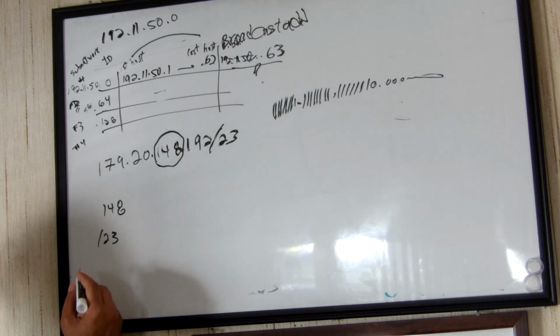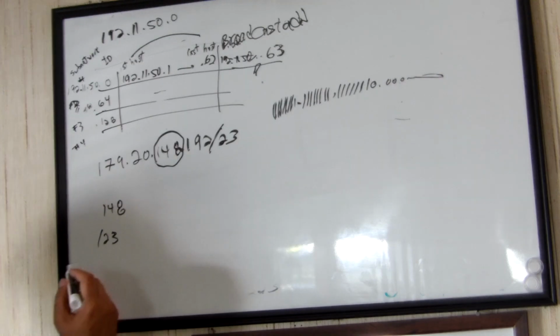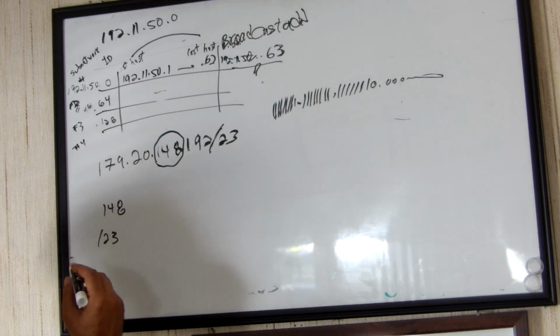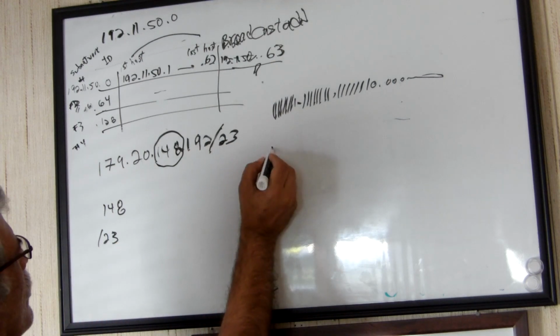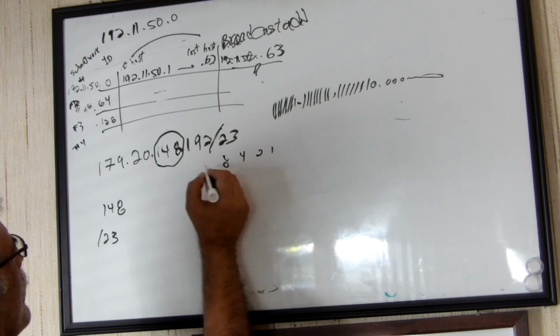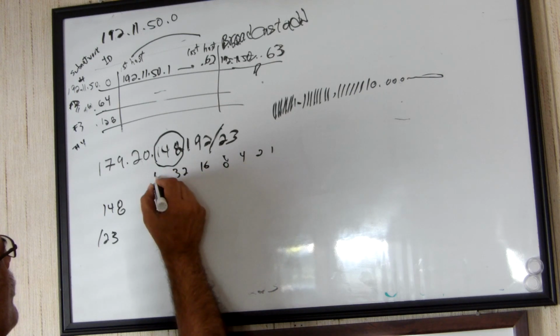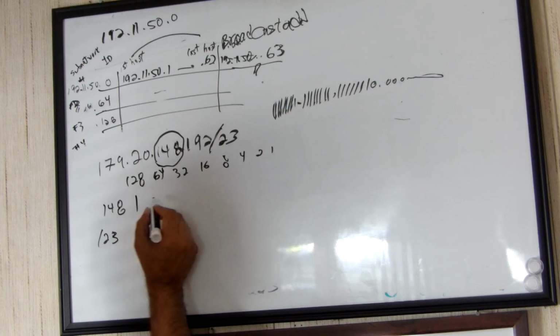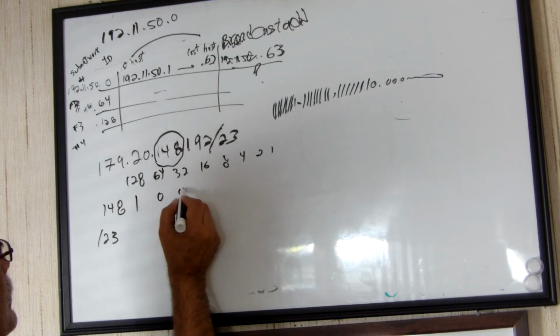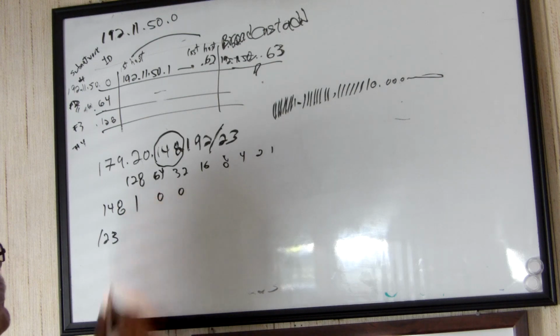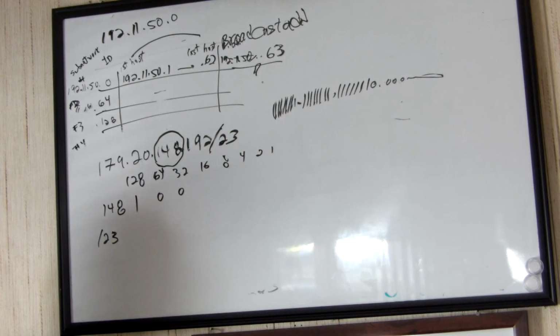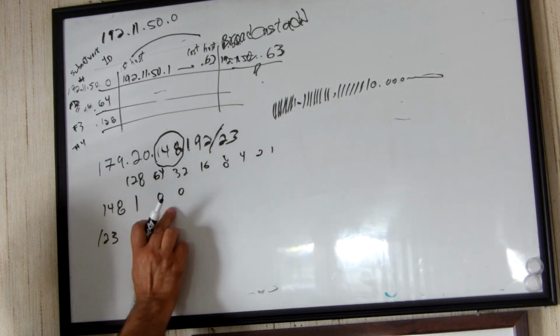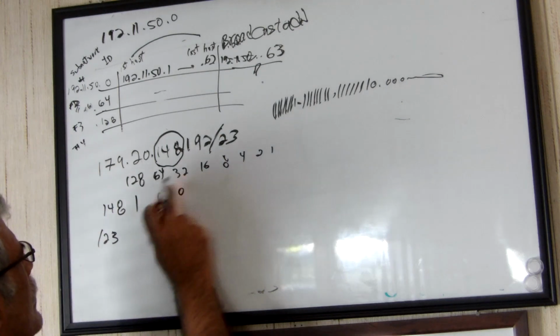So what you do is 148. You always write 1, 2, 4, 8, 16, 32, 64, 128, and then 148, 128 plus 20. It is not going to be 192, because 128 plus 64 is 192, which is over that, so you go for the next one. That's not going to work.